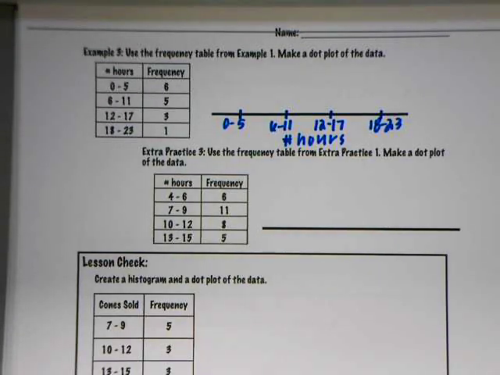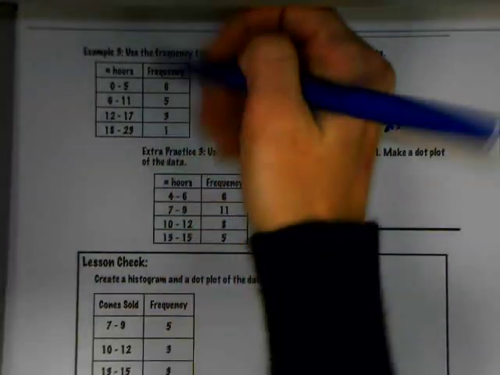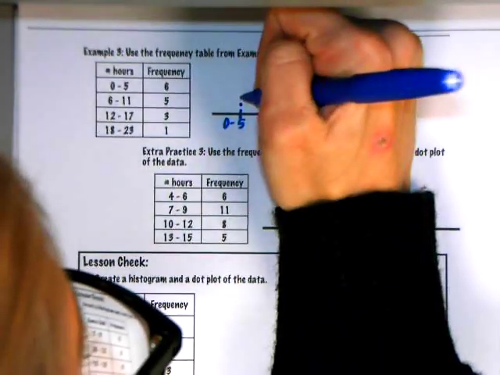And you want to make sure that when you're doing these dots, you try to keep the rows going across in line, so that you can actually see the difference in height if you have more dots in one. So for the first one we have 6.